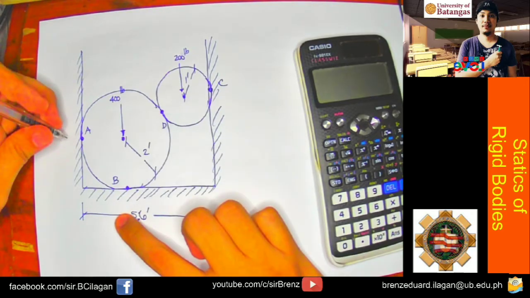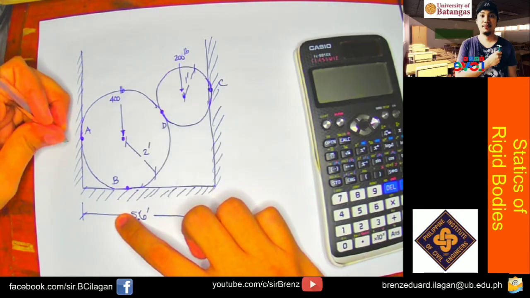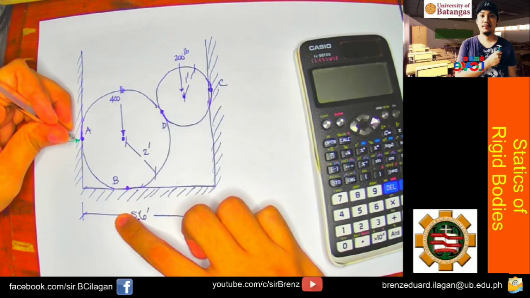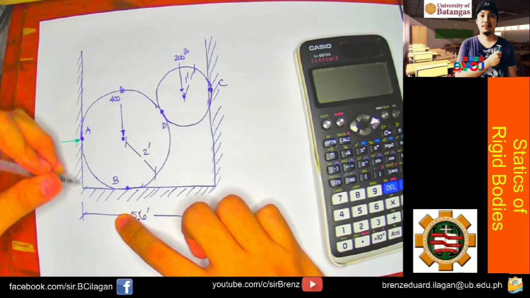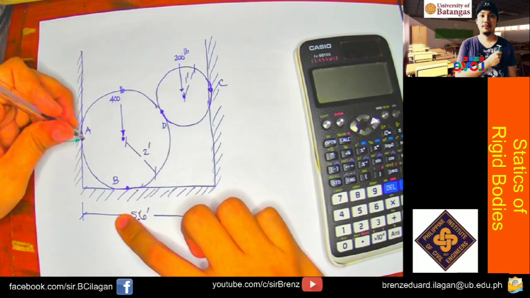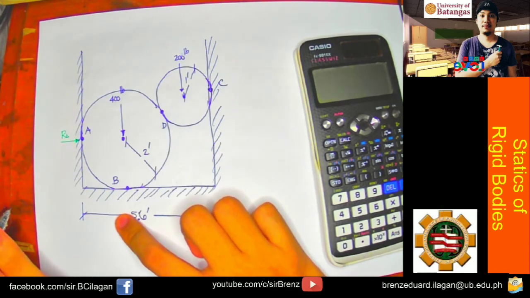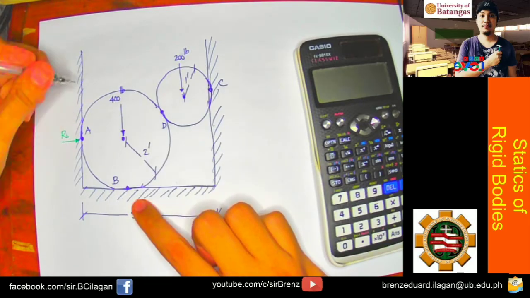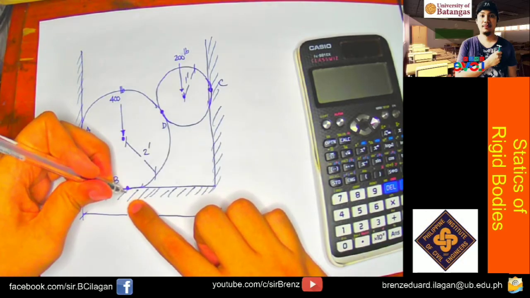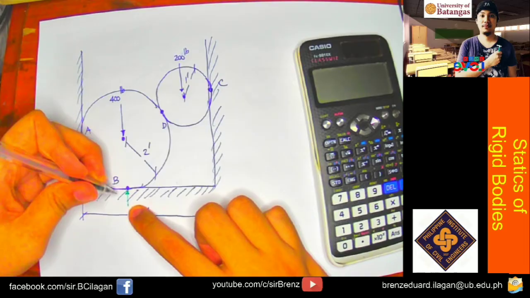Next, the contact pressure or the reaction at point A, on the vertical side of the wall, I will name as RA, the reaction at point A. Next, at the bottom of your container, this will be my RB.